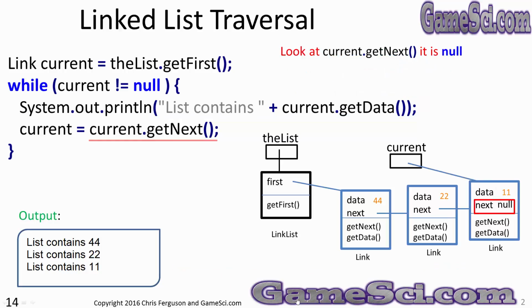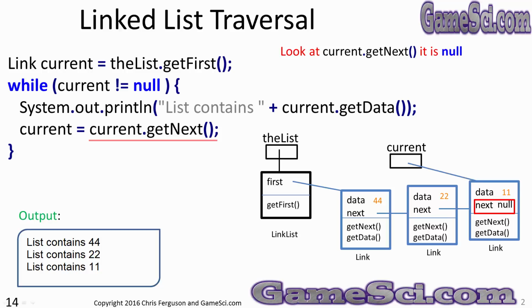We're still going to go through this loop one more time. We're not done. Even though we're technically at the end of the linked list, we've got to go through this loop one more time and pay close attention to what's happening here. Current.getNext. If you look closely at current.getNext, follow the blue line, getNext will access the next variable in here. Well, the next variable contains a null. That's kind of the marker for the end of our linked list.